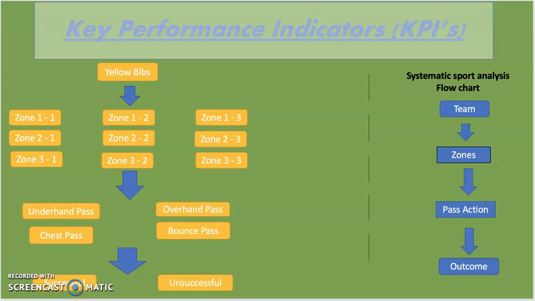So I've used team, which is the yellow bibs, then into zones, which I have used to pass from zone to zone. For example, pass from zone 1 played into zone 1. Zone 1-1. Then pass action, I've used which type of passing technique, and then finally the outcome. Was it successful or unsuccessful? Did they catch it or was it intercepted or dropped?